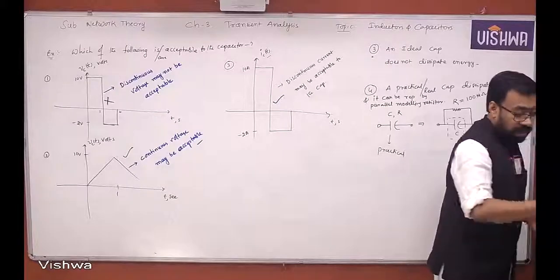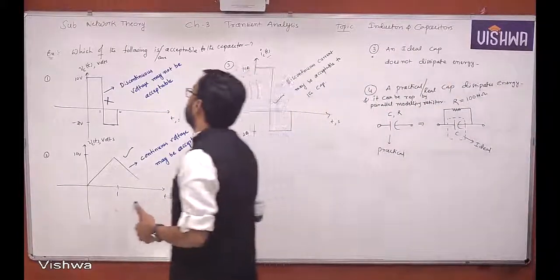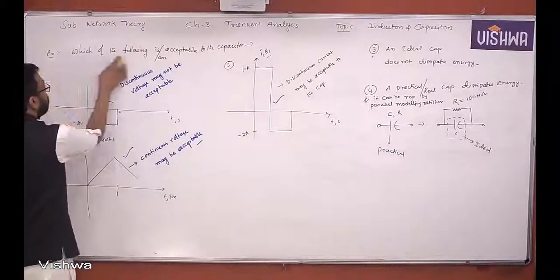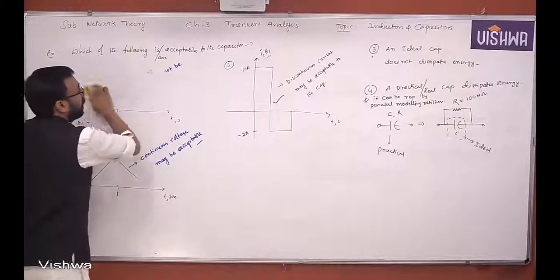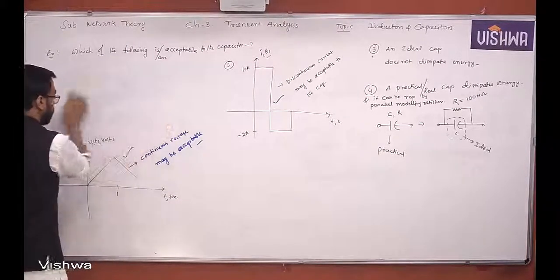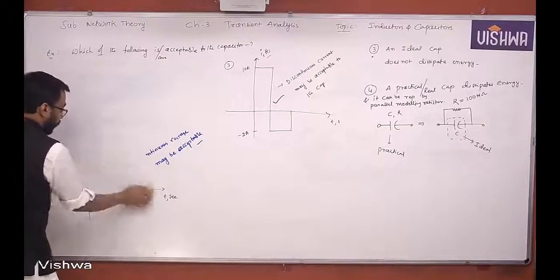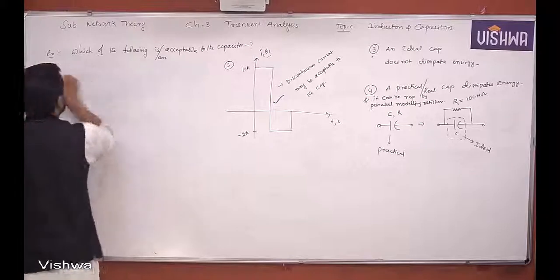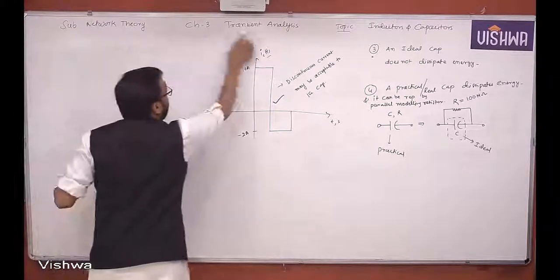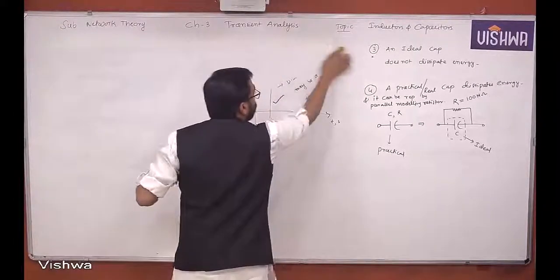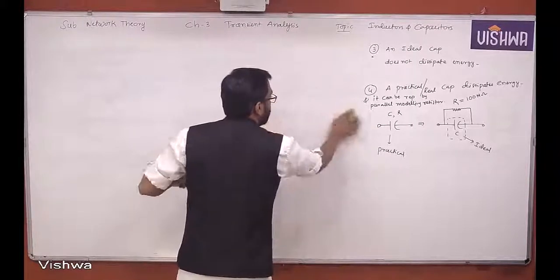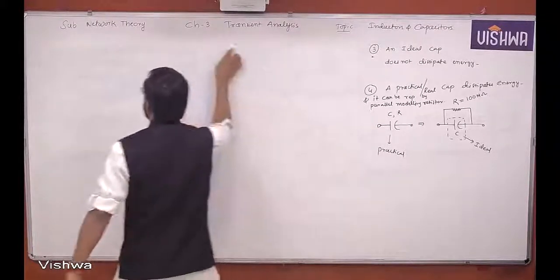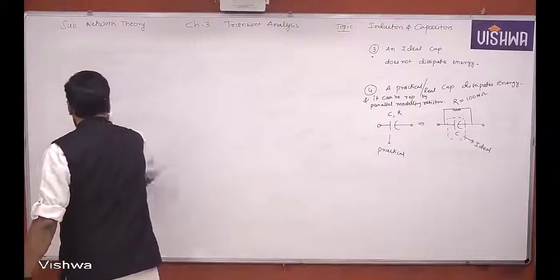This is how you can see the capacitor, and of course you can go with the series and parallel combination of capacitors. We'll see that, and then we will switch over to inductors, and after that we'll see some important problems on inductors and capacitors. So complete that quickly, and I'll go for series and parallel combination of capacitors.